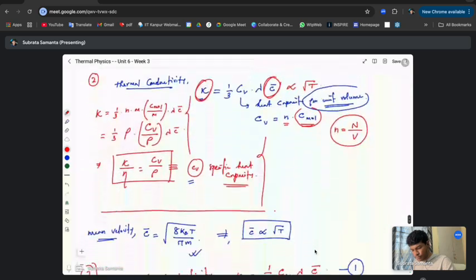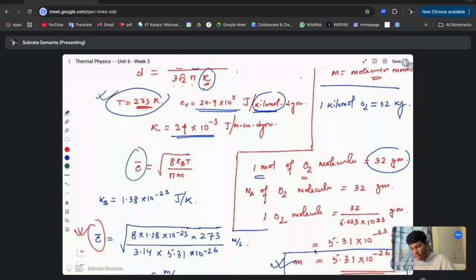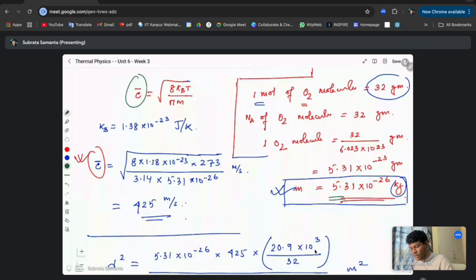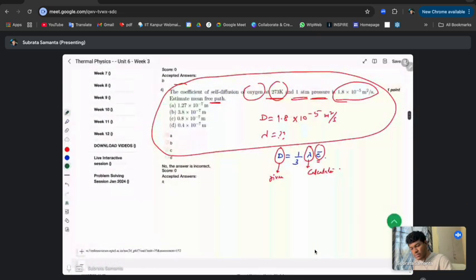So at T equals 273 Kelvin we calculated C average for oxygen molecules, because the mass M is the mass of the O2 molecule, this is the same. The value of C average is 425 meter per second. So I use this. Now C is given, 425 meter per second.